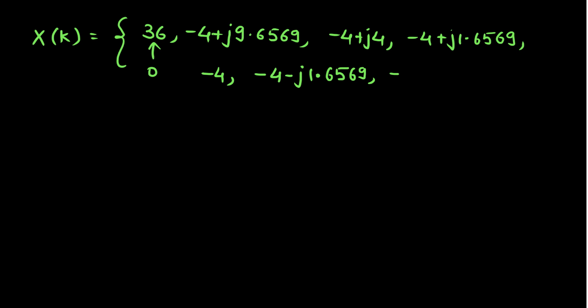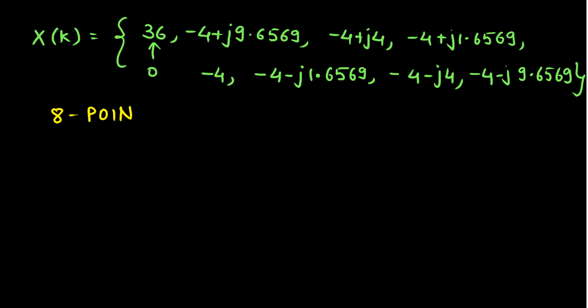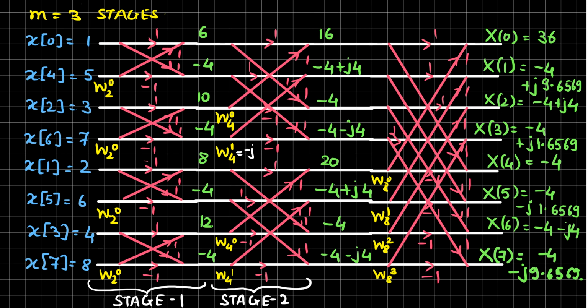Then we have minus 4 minus j4, and at last we have minus 4 minus j times 9.6569. And this is what we obtain, the 8-point DFT of given x of n using DIT-FFT. And we know that this last one is the stage 3.